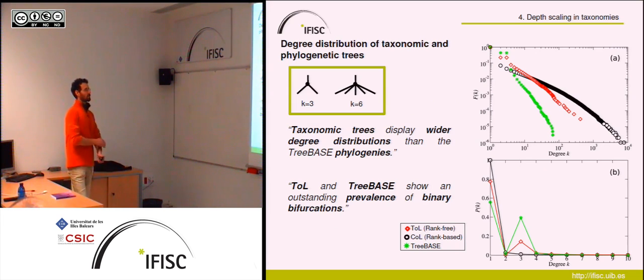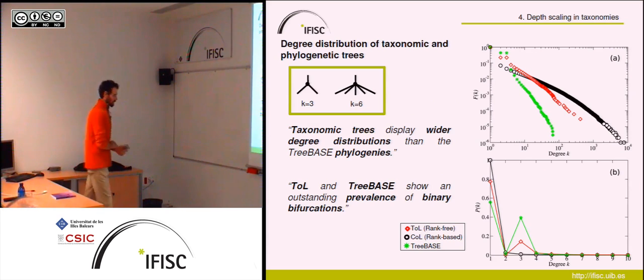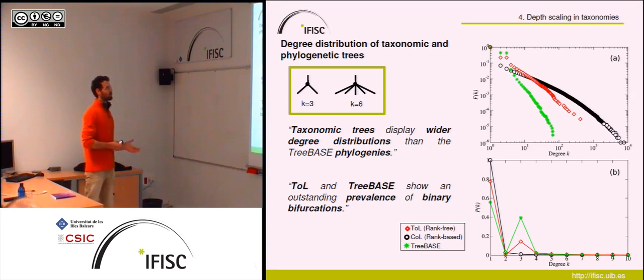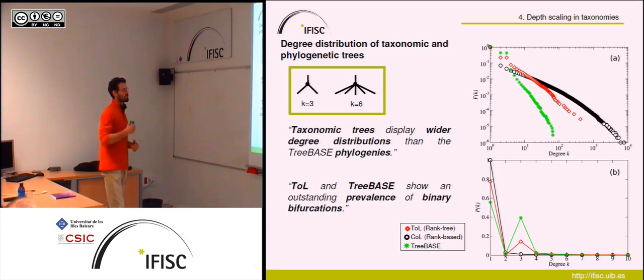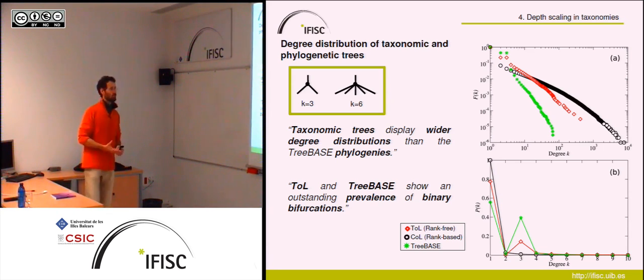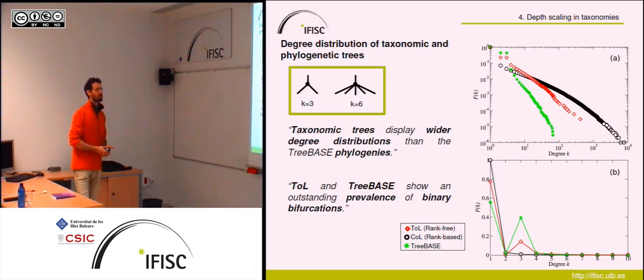In the second part of this section, taking into account that the number of connections that a node has is measured by the degree of this node, what we analyzed was the degree distribution and how it is distributed all over the taxonomic trees, in order to analyze the prevalence of polytomies and how these polytomies are distributed all over the taxonomic trees.